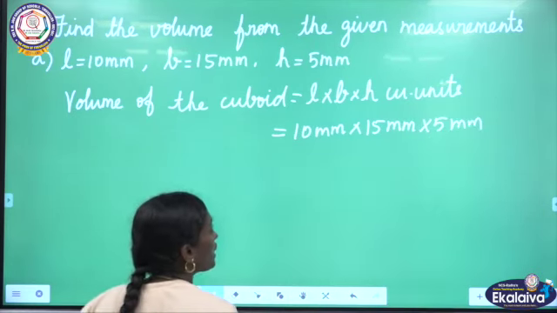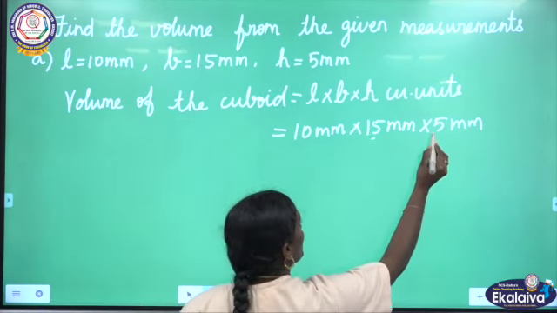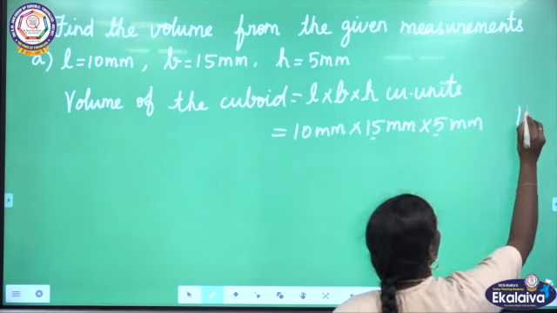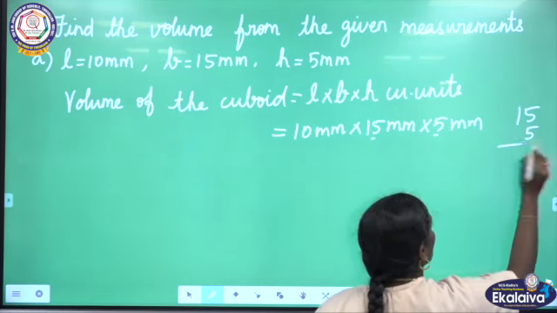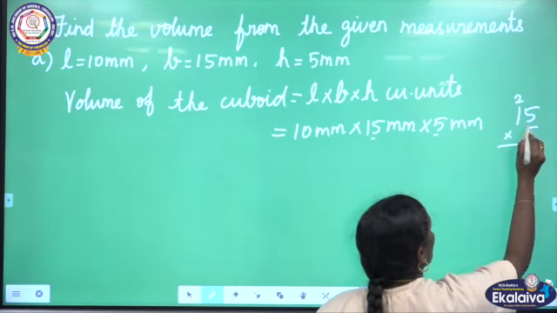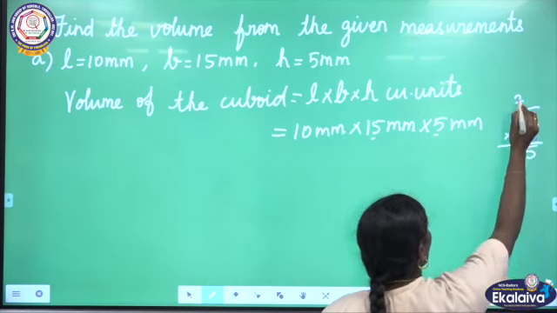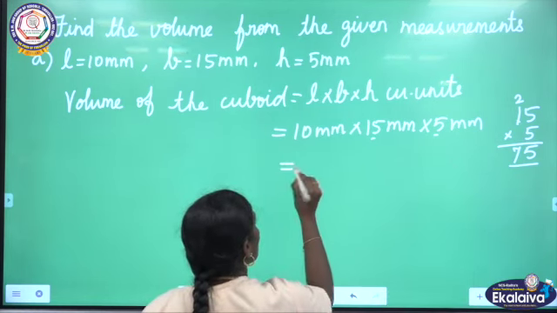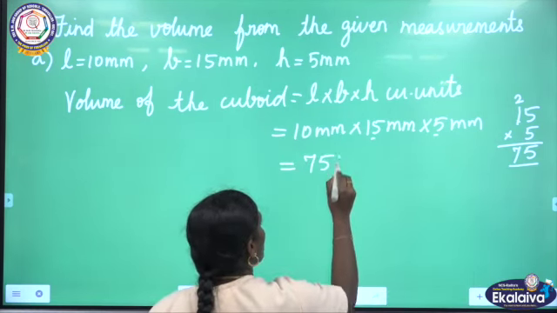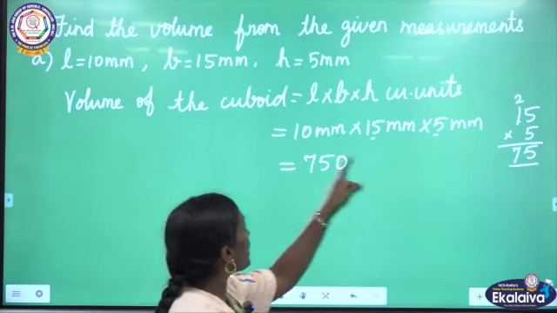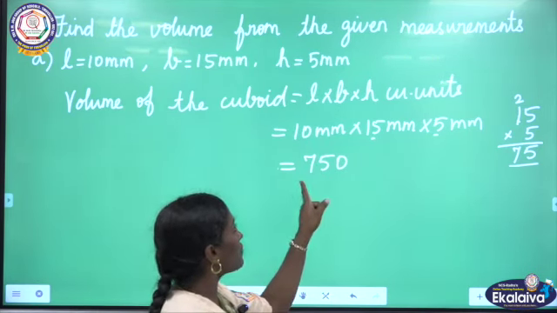Now we have to multiply the numbers. Here 15 into 5, 75 we will get. 15 into 5, here 5 5s are 25, 5 here 2 carry over, 5 1s are 5, 5 plus 2, 7, 75. 75 into 10, we will get 750. Okay, here 15 into 5, 75, then we have to multiply by 10.